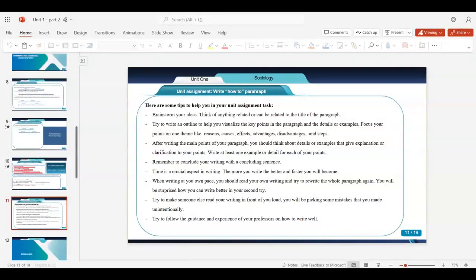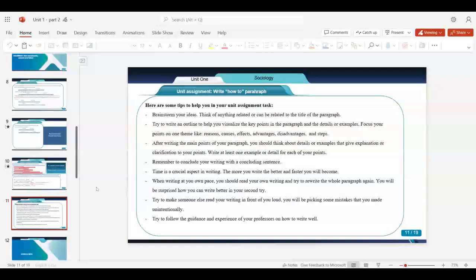When you sit down to write the paragraph, try to pick some good points and start your paragraph with these. These are the tricks and tips to write a good paragraph. Hopefully you will follow all these tips and tricks. These are very good writing techniques, actually.